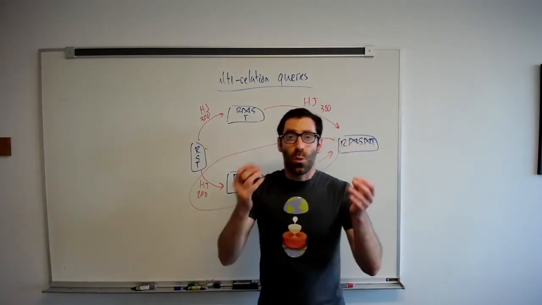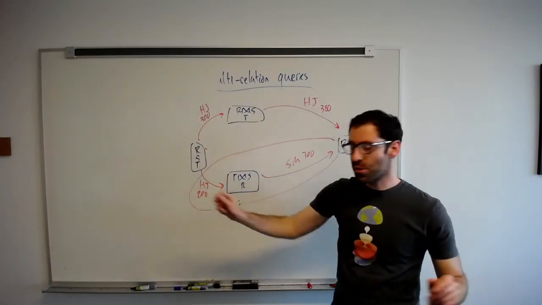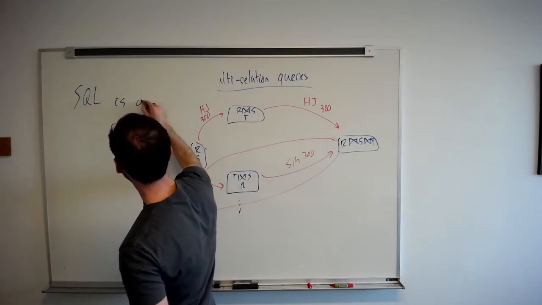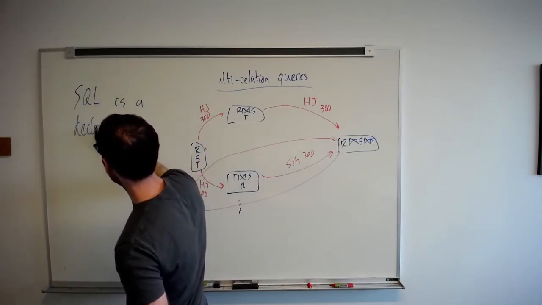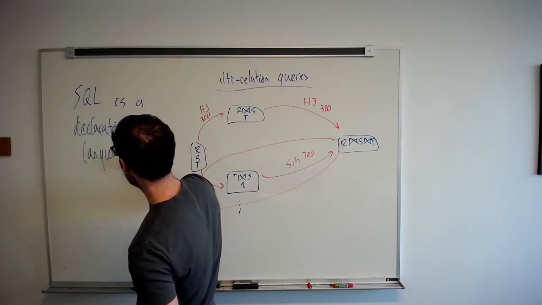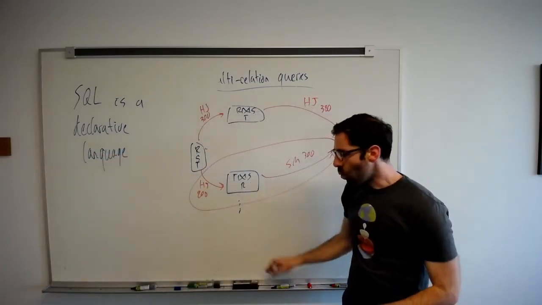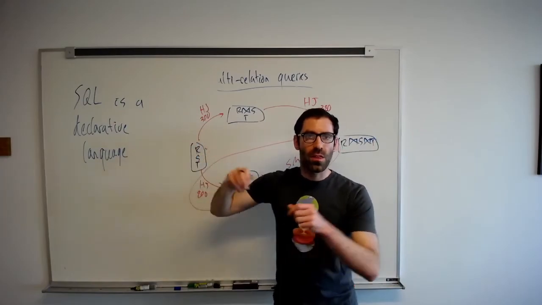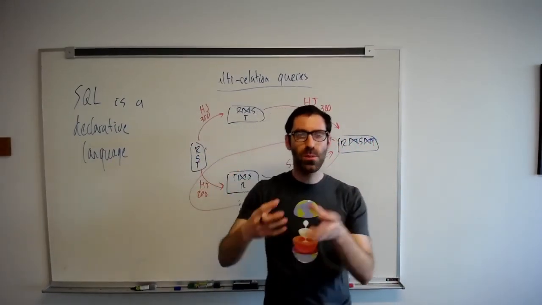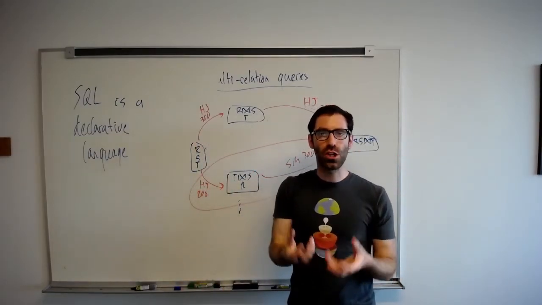So one key idea that has led us to everything that I've talked about so far today is the fact that SQL is a declarative language, meaning that when someone writes a SQL query, they're just describing the attributes, the shape, the types of result that the query should produce.